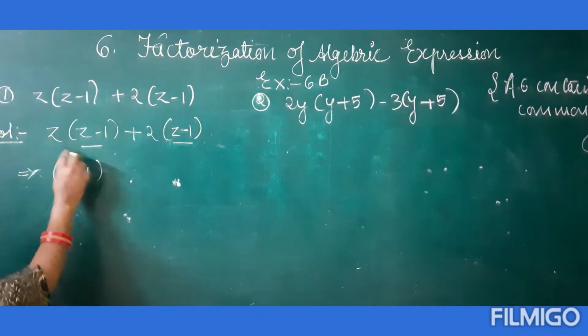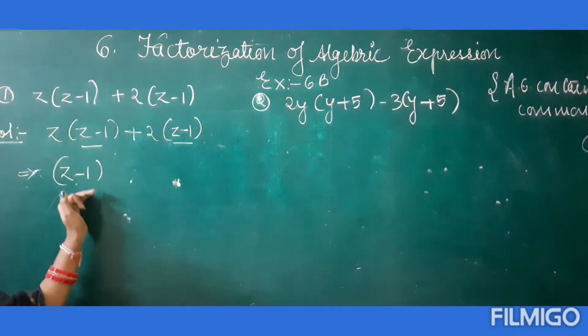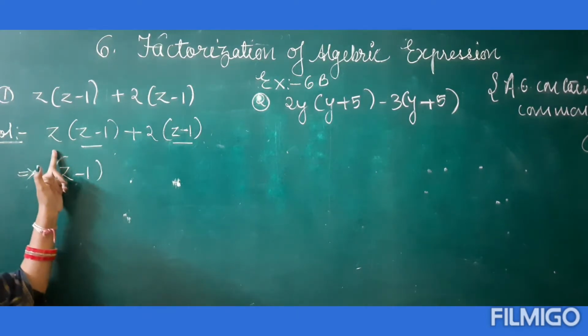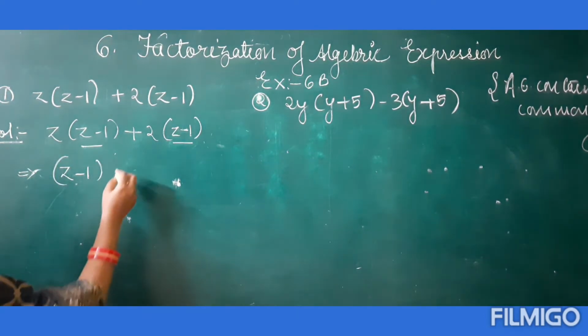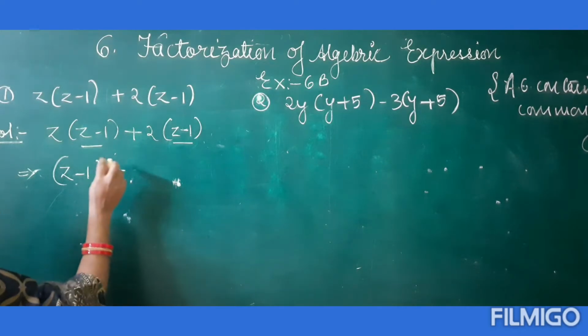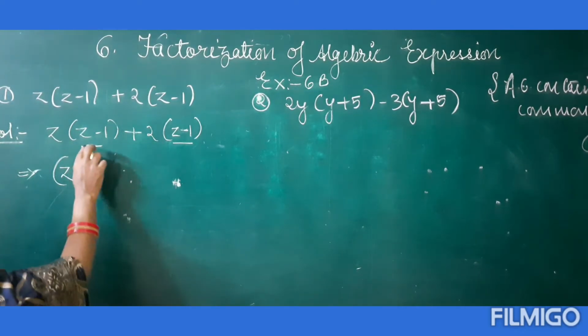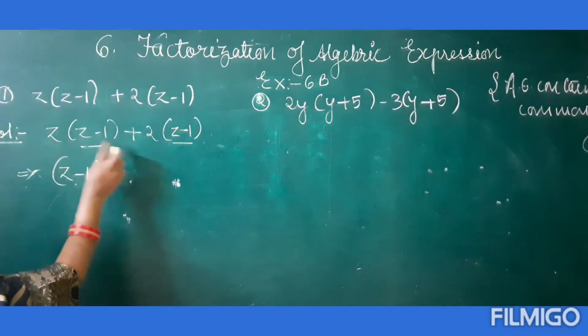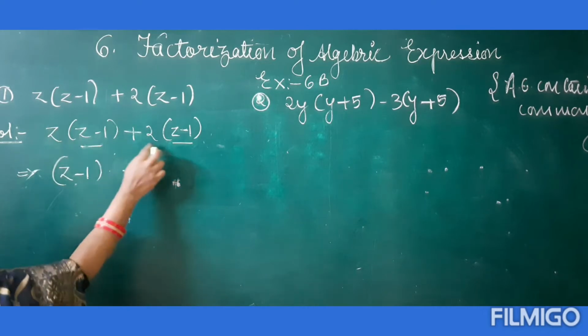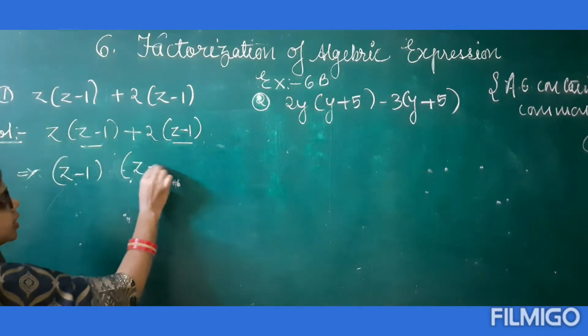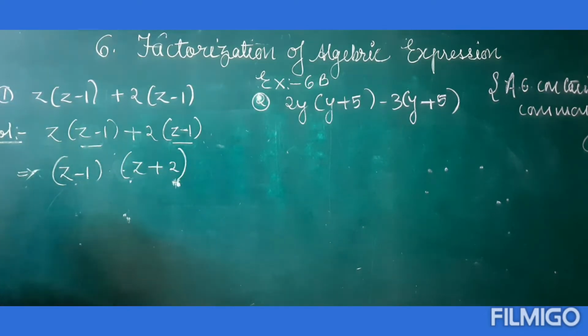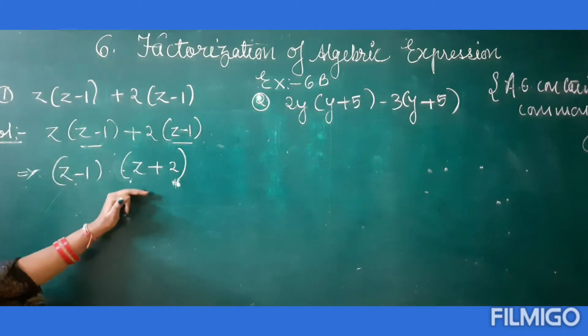So this will be z minus 1 common. Now after taking out the common factor, what is remaining in this question? Z, this plus sign will be there. Sorry, z minus 1 is common, and after writing this common, what is remaining? Z plus 2. So this z plus 2 will be written as it is.